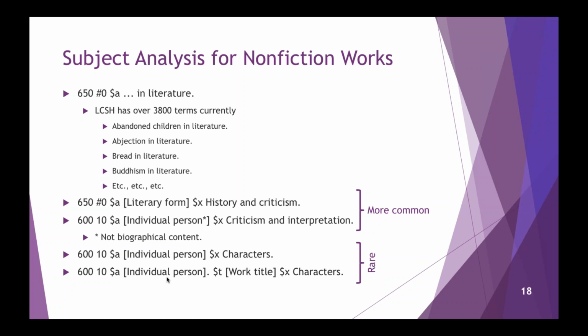If they don't have a last name, it would just be their first name. So those are some ways that you can do that if the name of that particular character doesn't exist. And the rule is that that character has to appear in at least 3 published works before we would create an authority record to represent that particular character.